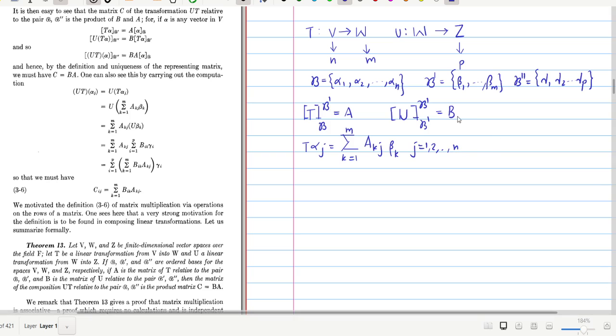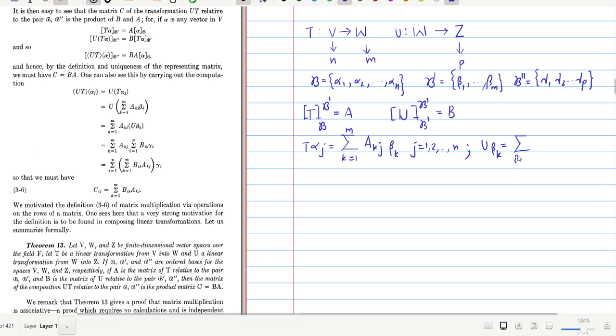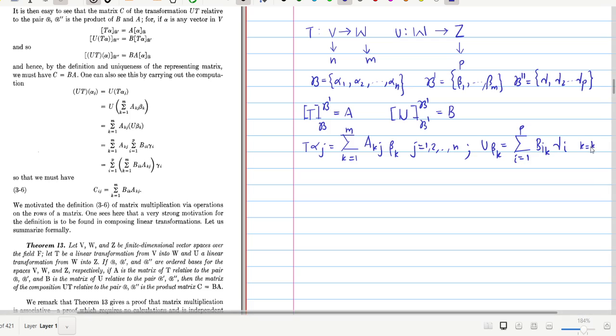Similarly, the ijth entry of B is obtained by U of beta k is equal to summation i equal to 1 to p b i k gamma i, where k varies from 1 to m. So these are the definitions of A and B.